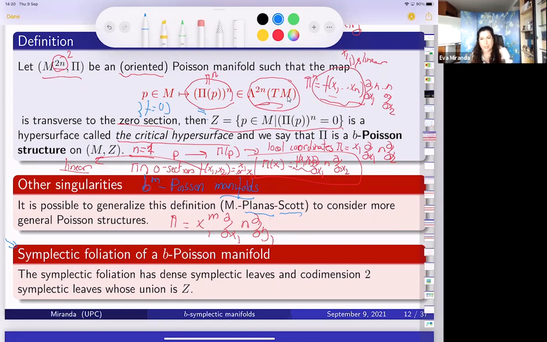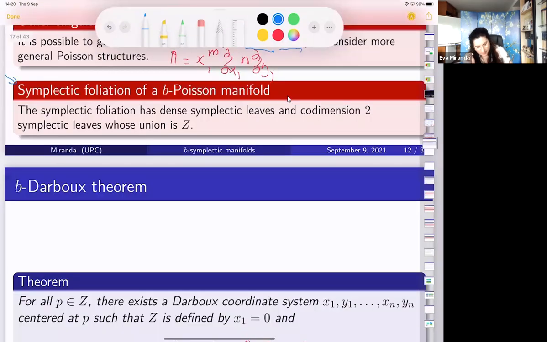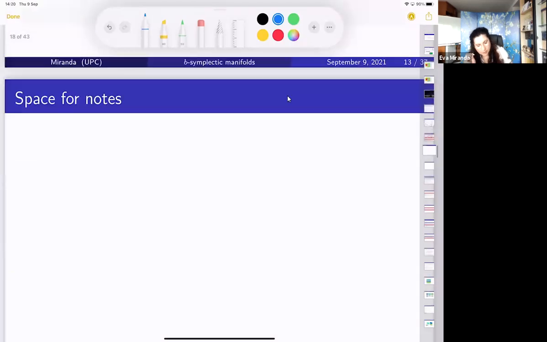Well, it's described here, but let's say if I give you a particular example, for instance, of the sphere. I'm going to give you a b-Poisson structure on a two-sphere.